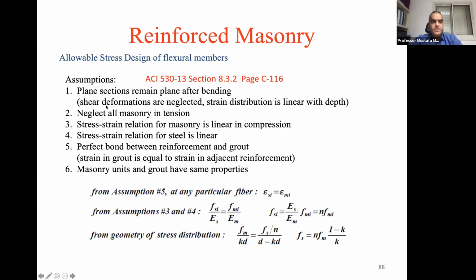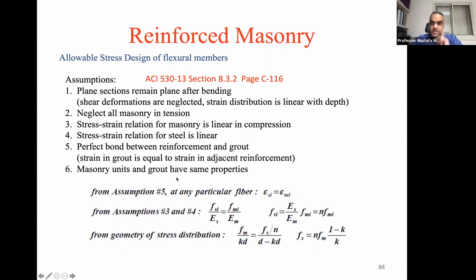Some of the assumptions here: plane section remains plane, neglect all masonry in tension, stress-strain relationships are linear, compression stress-strain for steel are linear. We talked about that, and it's obvious from the stress distribution. Perfect bond between masonry and grout, and the masonry units and grouts have the same properties.